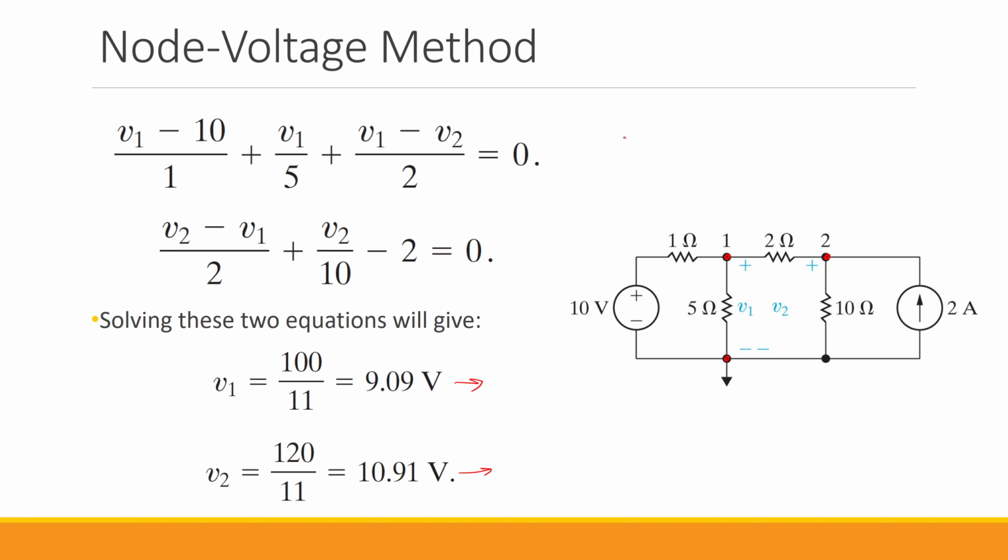So let's say we want to find the voltage across the 2 ohm resistor. Let's say the voltage is in this polarity. So this is the V2 ohm. If it's in this polarity, that means that it is V1 minus V2, which equals 9.09 minus 10.91. So what is this value?